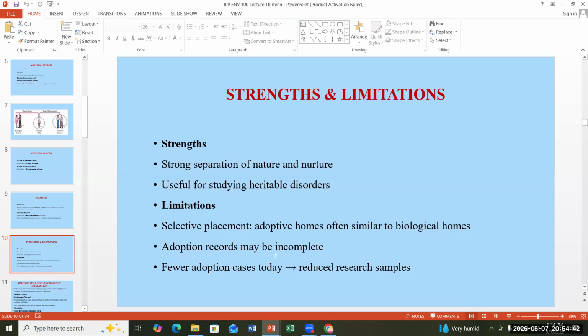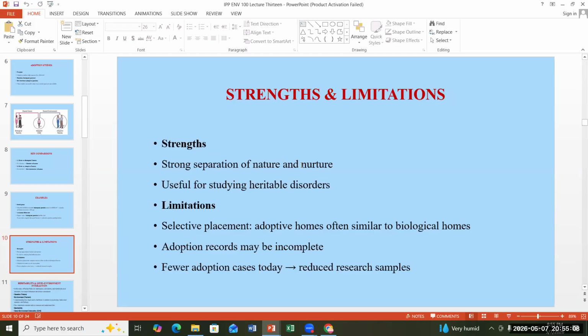Although the child is raised in a completely different environment, those diseases and habits still occur. Why? Because heritability matters. The genes matter. They must have been passed on from their biological parents.